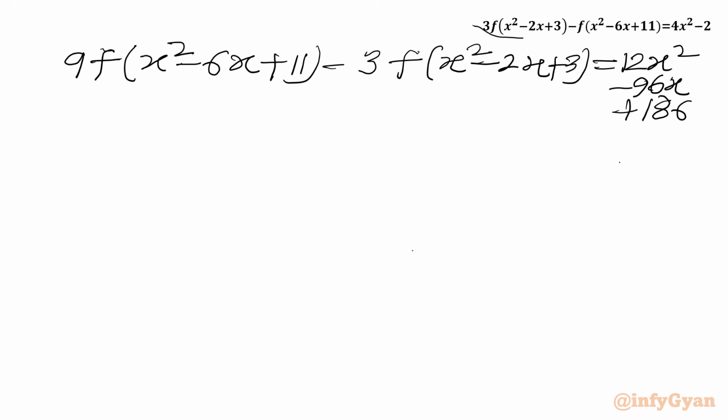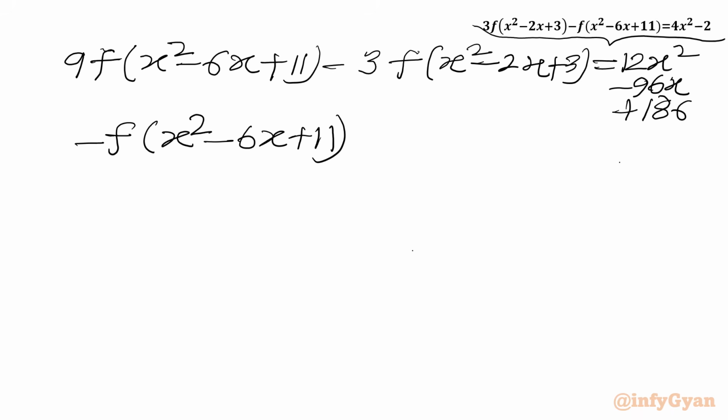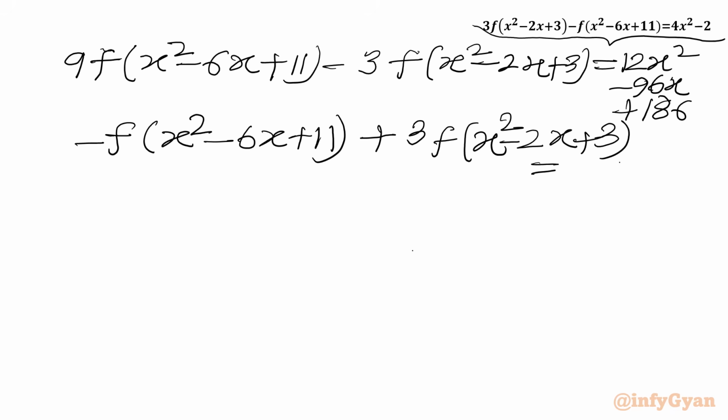And equation 1 is here. We will write minus f of (x² − 6x + 11), then plus 3 times f of (x² − 2x + 3) will be equal to 4x² − 2.